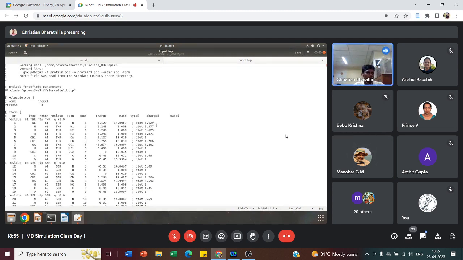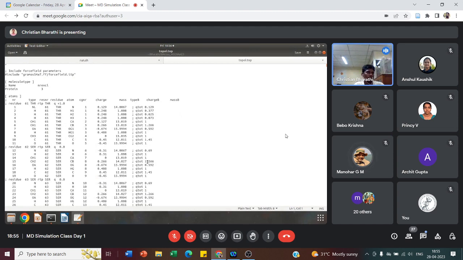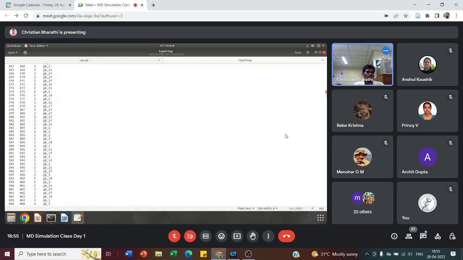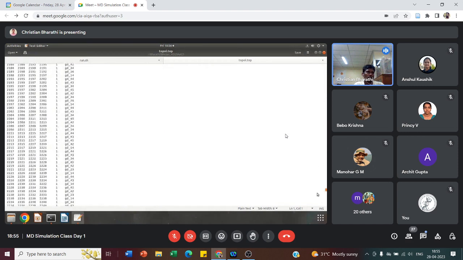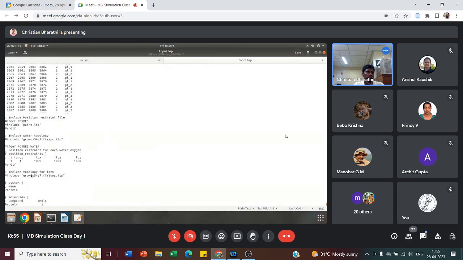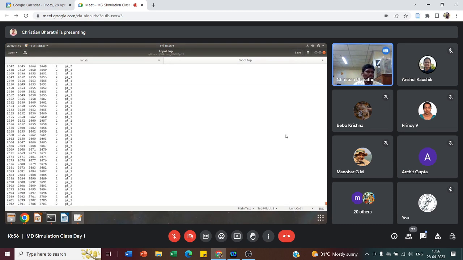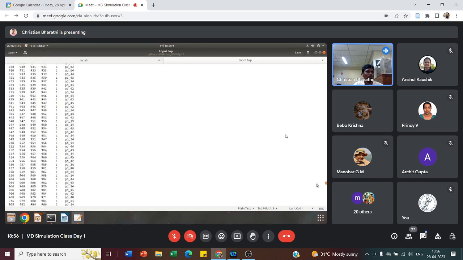So it calculates the charge of each and every amino acid, and they are all in the topology file. It's a bit complicated and they designed it like that. I think if you are going into detail, we need to.